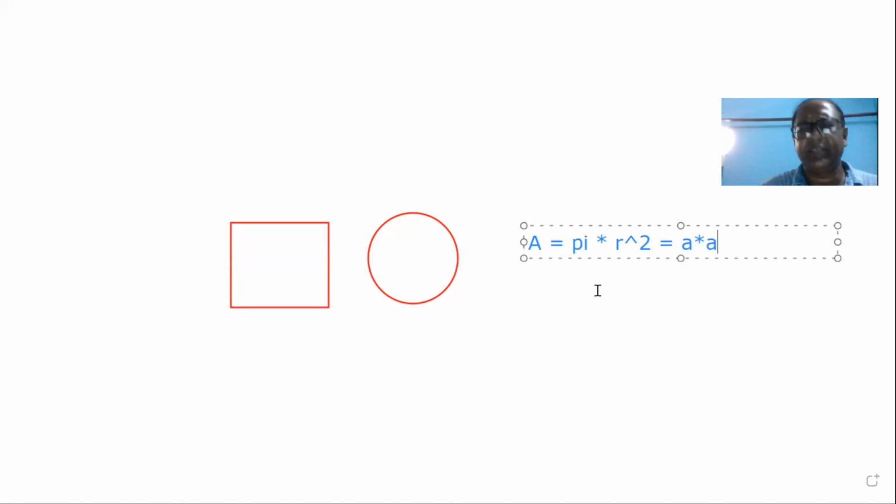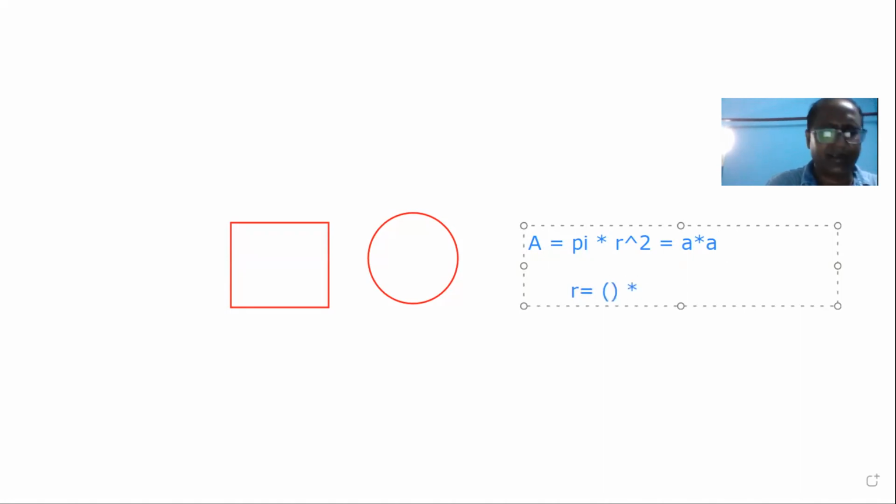So by using this relationship, you'll get a relationship between R equal to something times A, or you can get A equal to something times R. Any one equation. So what is the problem over here?